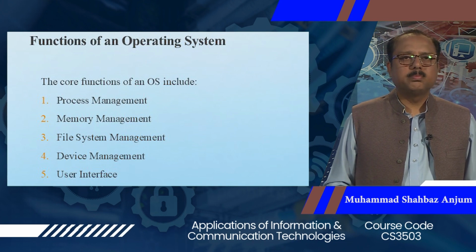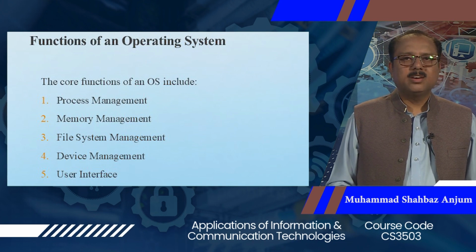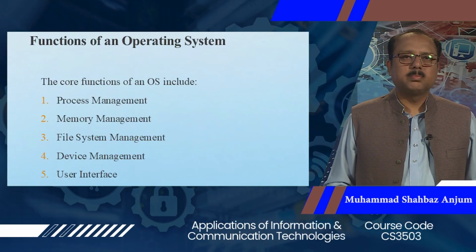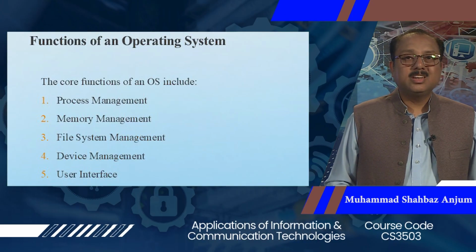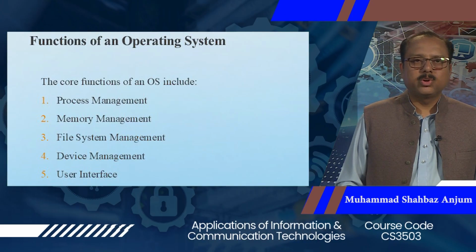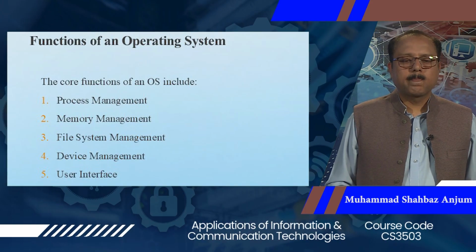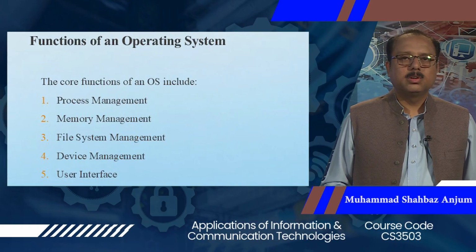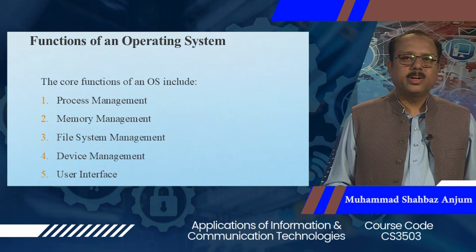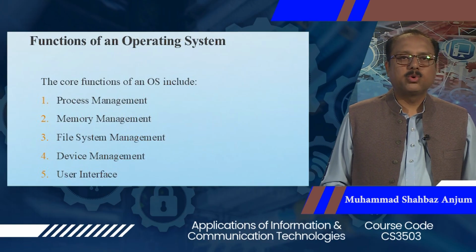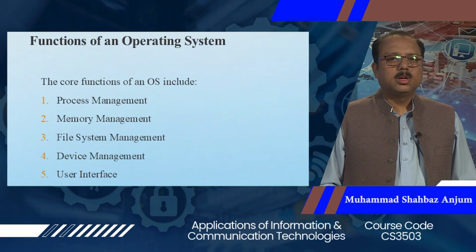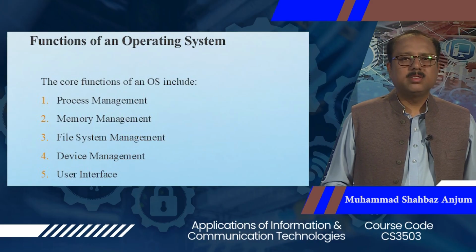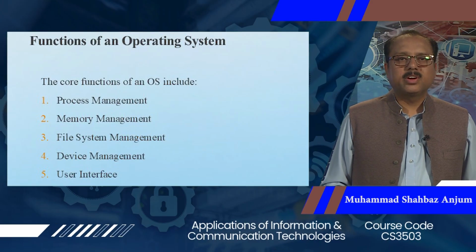Number 2, memory management, allocates and deallocates the memory space as needed. In file system management, it keeps track of the files on storage devices. In device management, we will discuss the controlling and management of input output devices. In user interface, it provides a way for users to interact with the system.